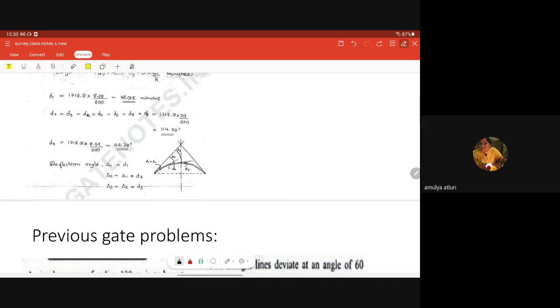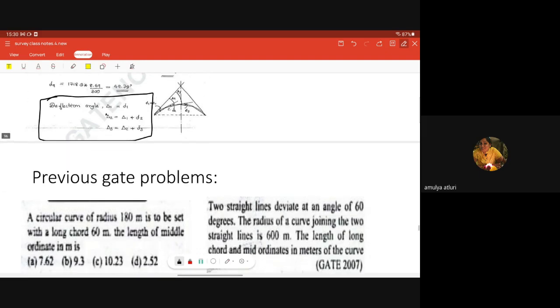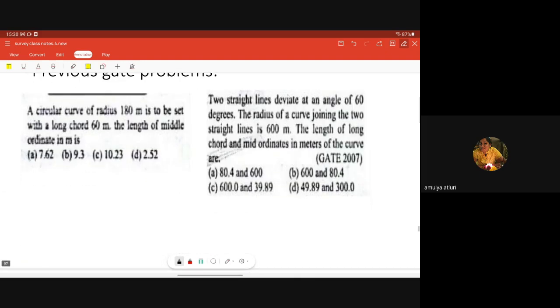From this you can see the deflection angle: delta 2 is equal to delta 1 plus D2. They have designated it with D. Delta 3 continues the same way. If we go with the angular method, then these are the deflection angles. Got it?